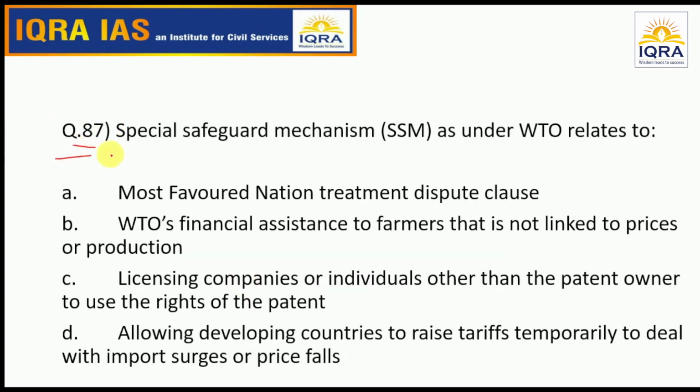Question number 87, SSM under WTO relates to MFN treatment. No. WTO's financial assistance to farmers, that is not linked to prices or production. No. Licensing companies.